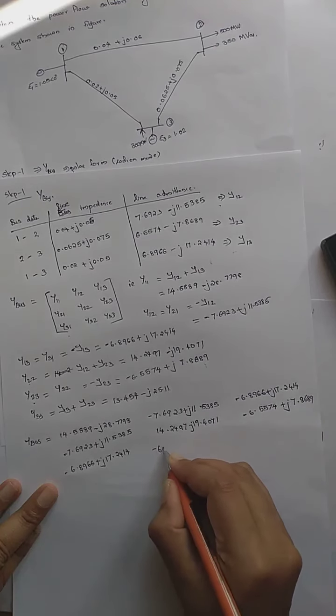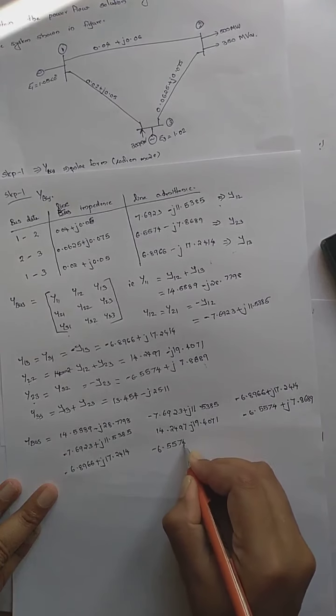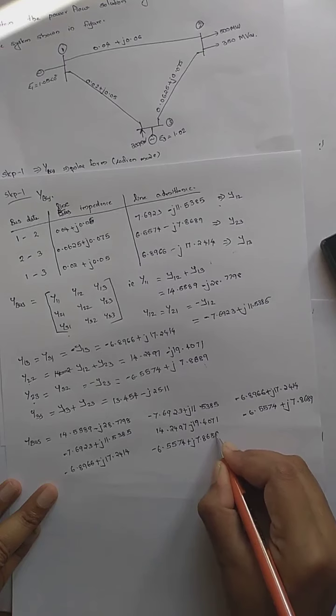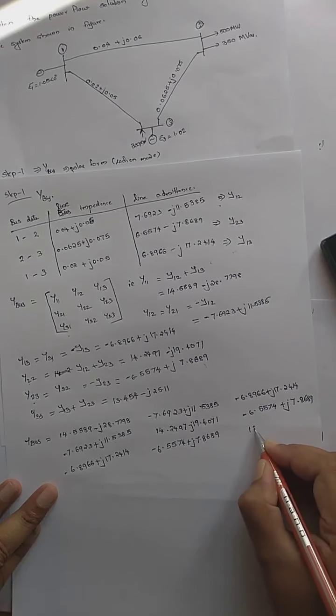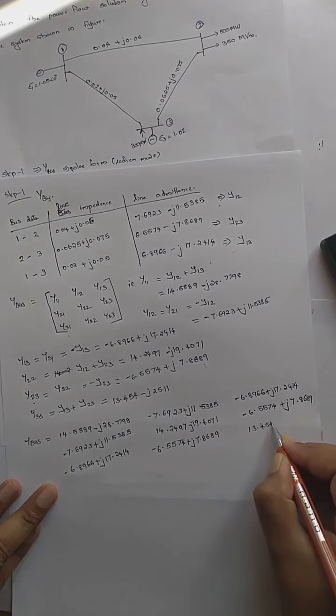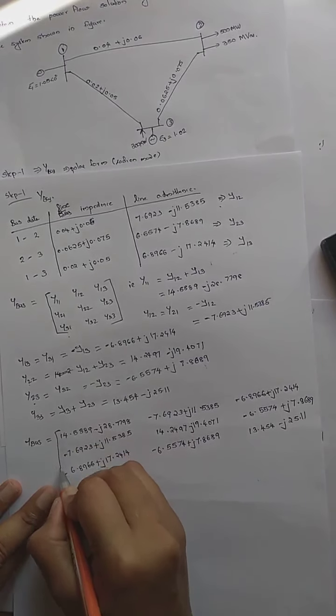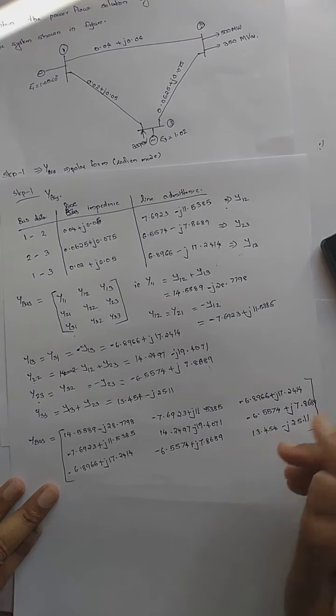This is also minus 6.5574 plus j 7.8689, and Y33 is 13.454 minus j 25.11. So this is the value for my Y bus.